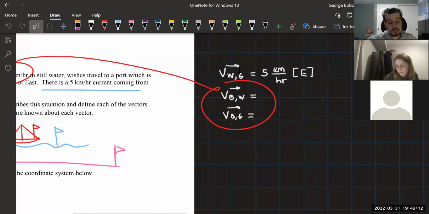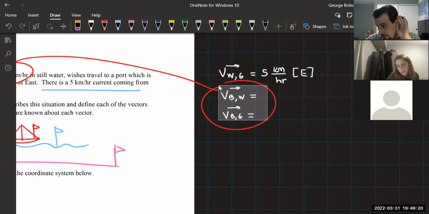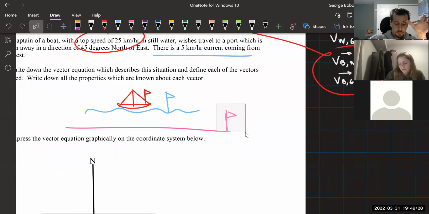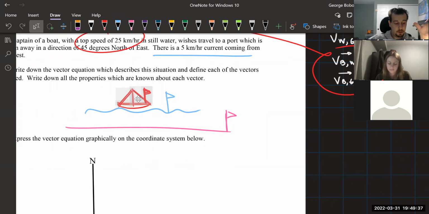Which of the two velocities would care about the speed of the water? Which of these two would care about it? V_BW? The ground, because when someone's watching you from the ground, let's say your engines are off right now, he's still going to see you move at 5 kilometers per hour east.